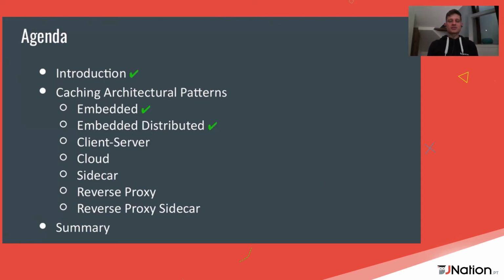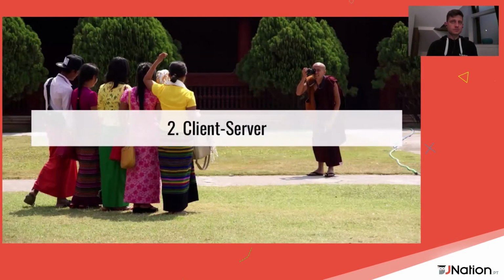Okay, we closed the topic about embedded cache. So the next pattern, the next topology that you can use is client server. And client server is a little like, you can think of this as a database style. So you have your application, you have your cache server as a separate unit in your architecture.